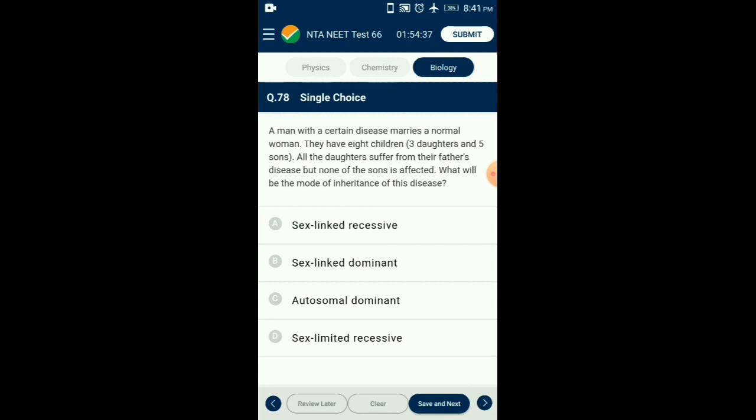The daughters receive one X chromosome from the father and one X chromosome from the mother. Since all the daughters suffer from their father's disease, the X chromosome from the father must be carrying a dominant trait. So the answer for this question is option B, sex-linked dominant disease.